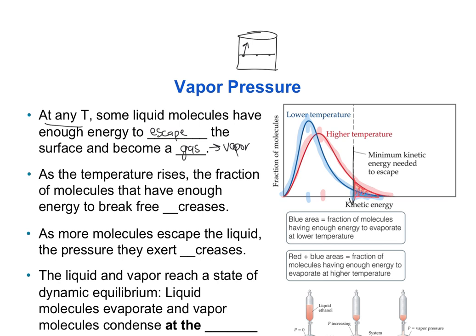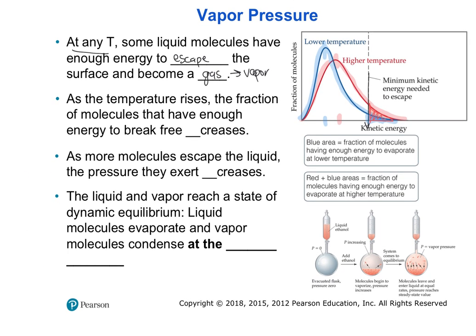I have more molecules that are able to escape into the gas phase, which makes sense, right? When I'm hotter, things evaporate easier. So as the temperature rises, the fraction of molecules that have enough energy to break free increases, and then we're going to have more molecules escaping from the liquid into the gas phase.